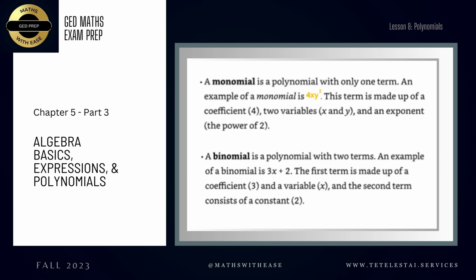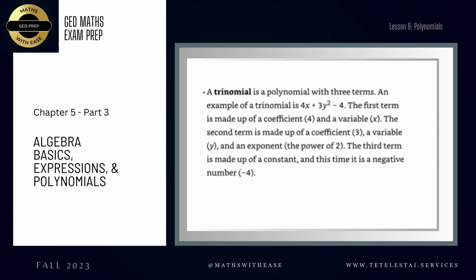An example of a binomial is 3x plus 2. The first term is made up of a coefficient and a variable, so 3x is our first term. And then the second term consists of a constant, in this case, positive 2. A trinomial is a polynomial with 3 terms. An example of a trinomial is 4x plus 3y squared minus 4.